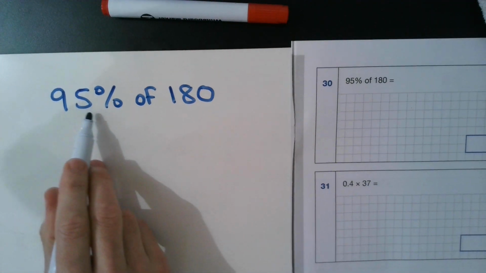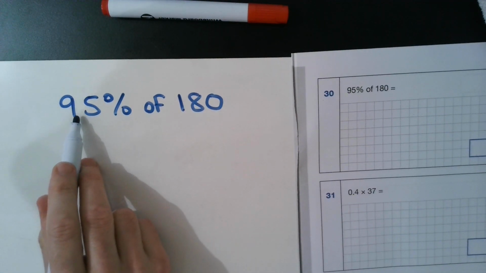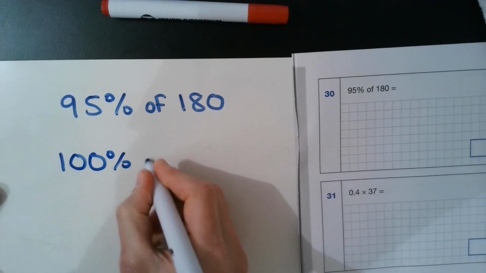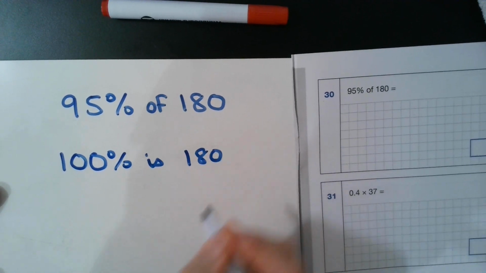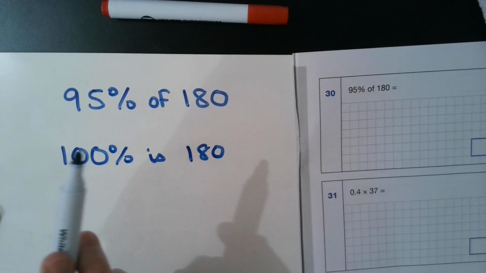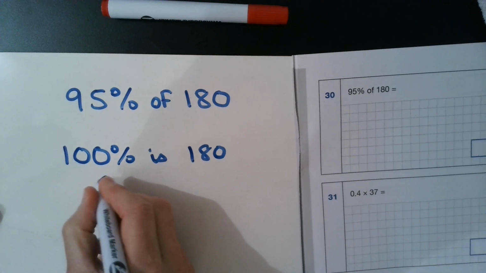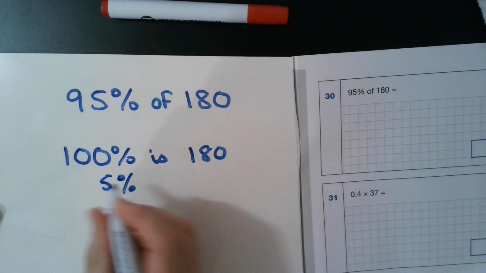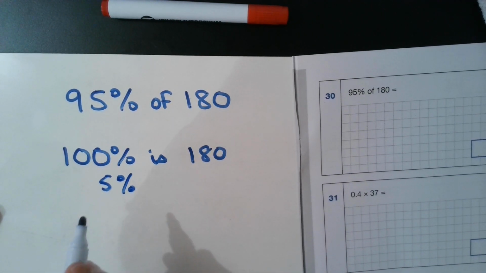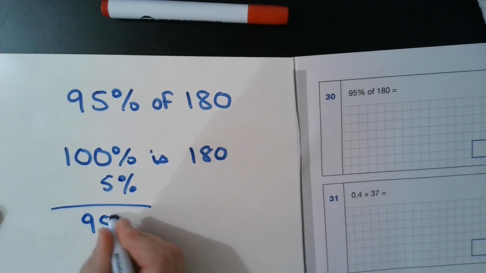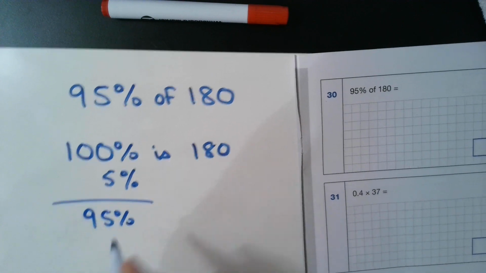Some of you will have spotted that if we know 100% is 180, we could work out what 5% is and subtract that from 100%, because 100% take away 5% will give us 95%.